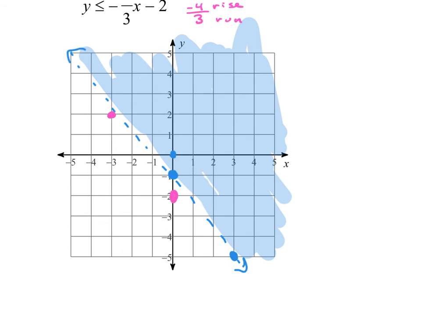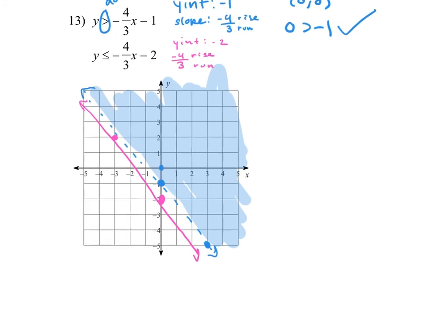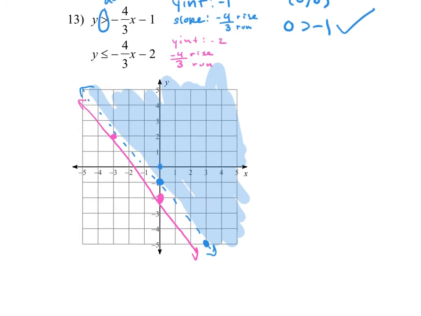Are we connecting these two dots with a solid line or dotted line? Solid. What do we need to plug in to test where we shade? 0, 0. So 0 is less than or equal to negative 2. Is this true?